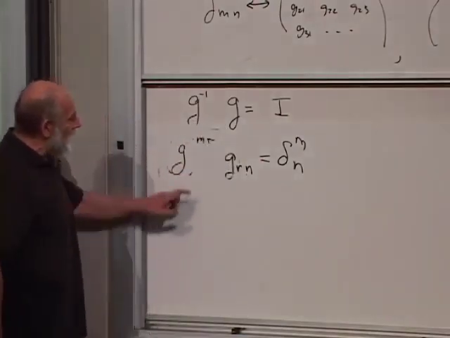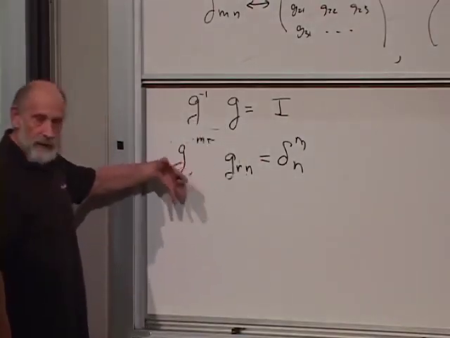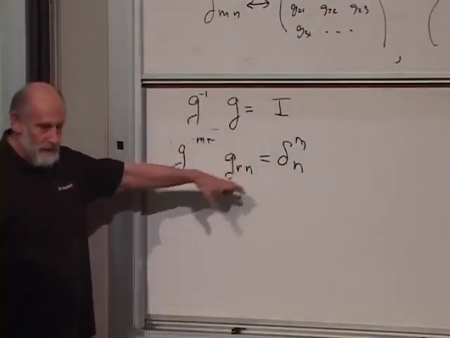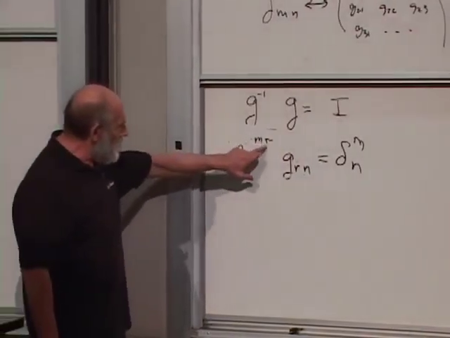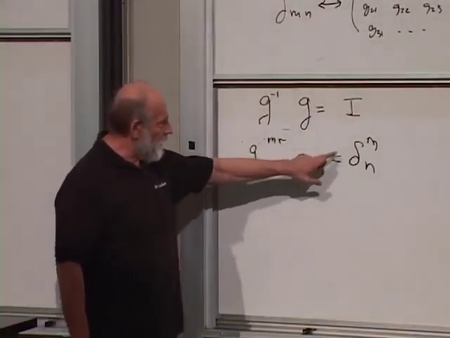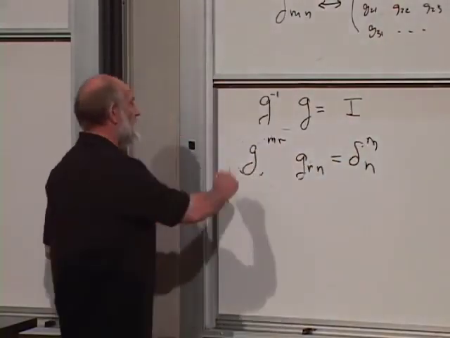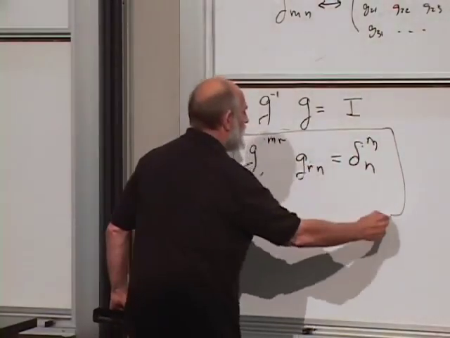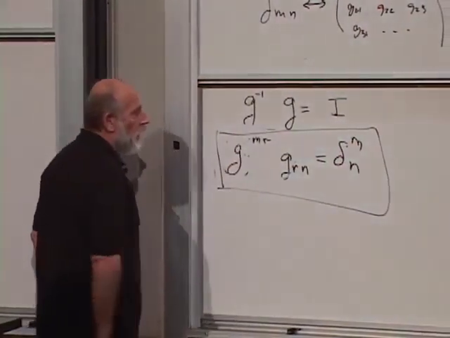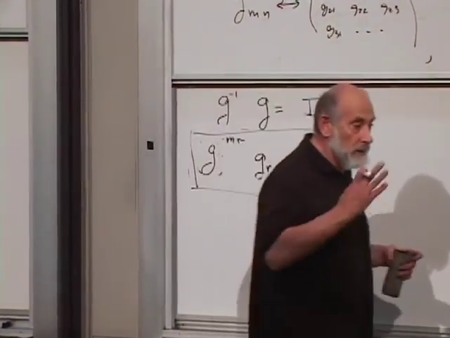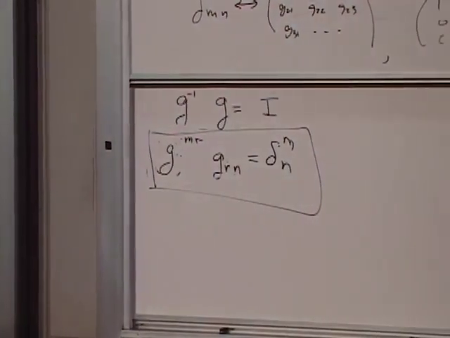And so the identity, in the sense of the equation, G^{mr} G_{rn} is delta^m_n.